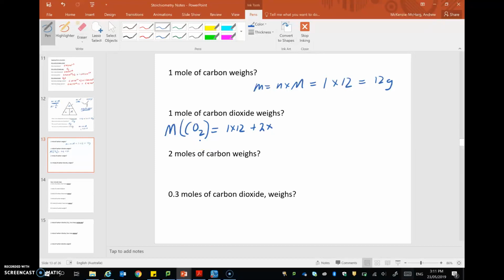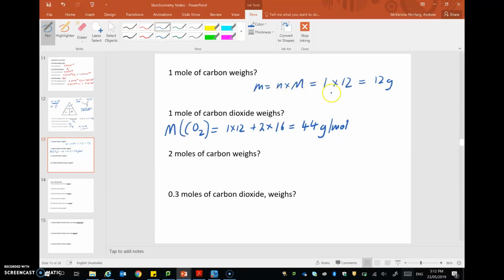What is the relative atomic mass of oxygen? It is, of course, 16. So 12 plus 32 gives 44 grams per mole. Of course, that is the mass because we've only got 1 mole of this carbon dioxide.